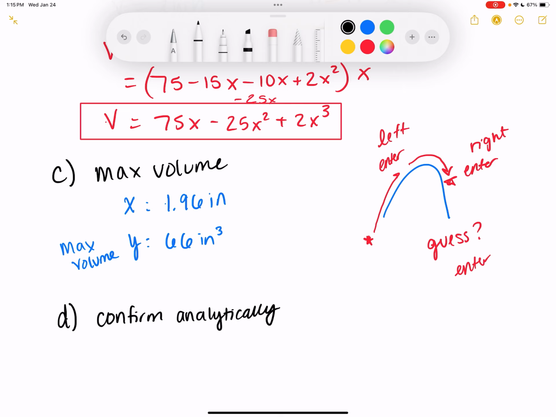All right, so I need to confirm what I found.